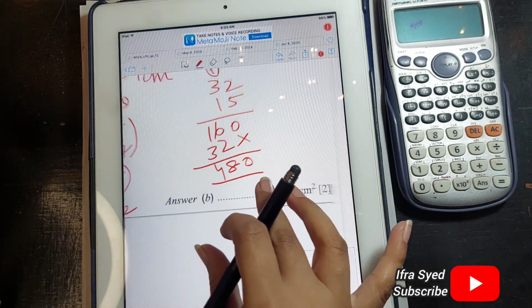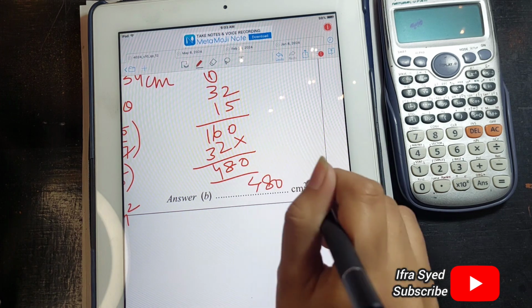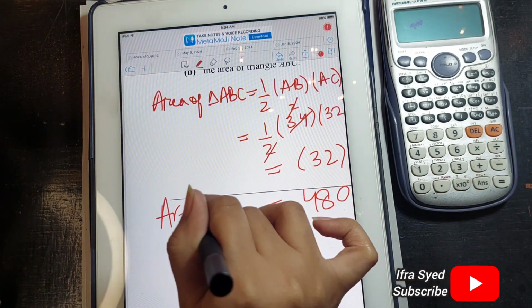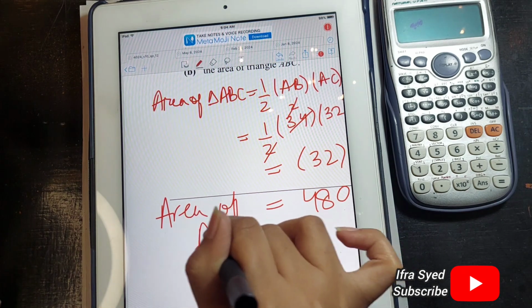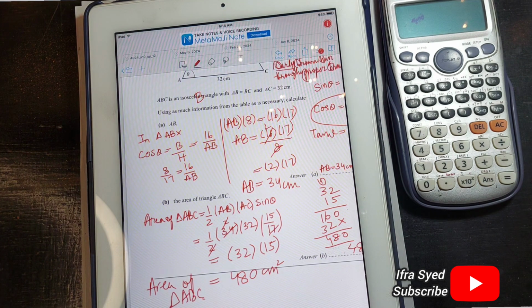So I'm writing here area of triangle ABC is equal to 480 centimeter square. This is the area of triangle ABC. So our question number 23 is also solved.